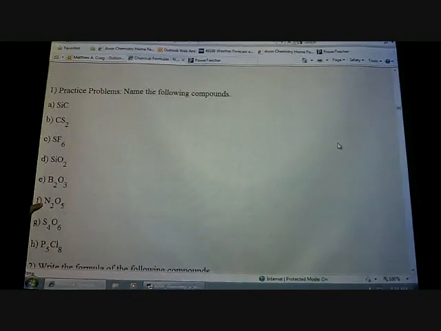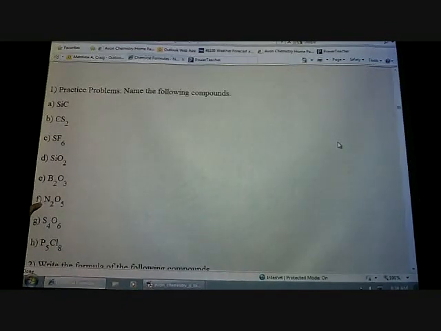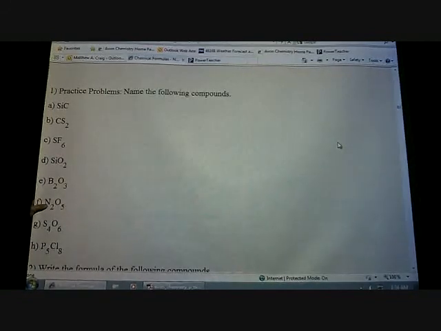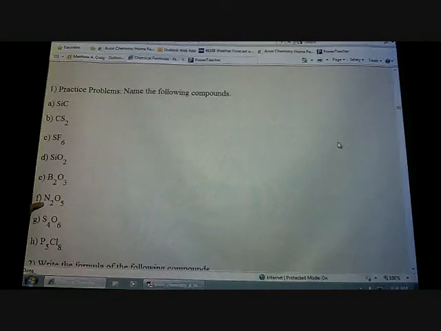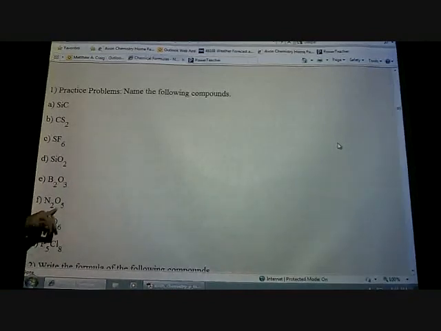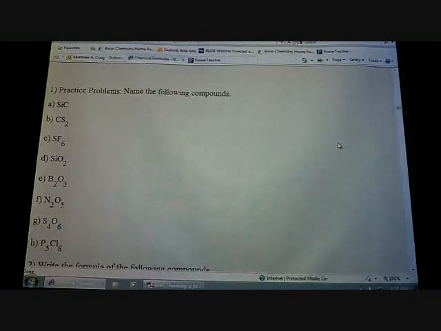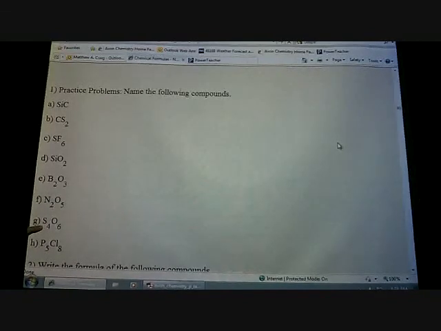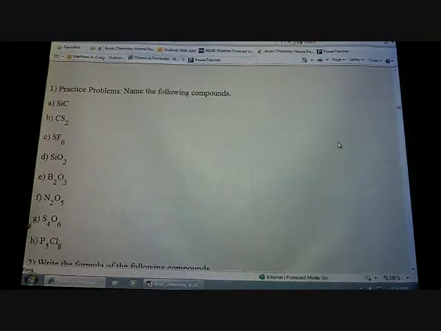Letter F. Dinitrogen. Remember, the ide is only on the second one. So dinitrogen. Remember, what is that place in Washington that the military's in? Yeah, the Pentagon. So pentaoxide. So dinitrogen pentaoxide for F. G, here we go.